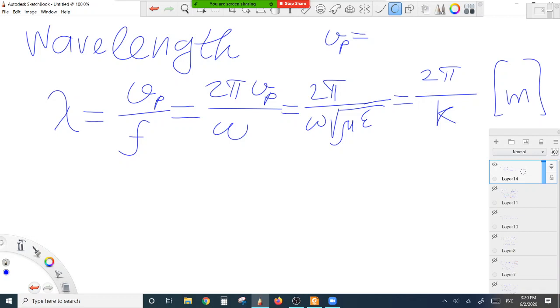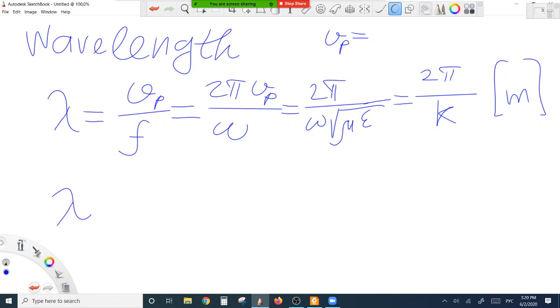So in the electromagnetic case, wavelength lambda can be very short or can be very long. It doesn't matter.